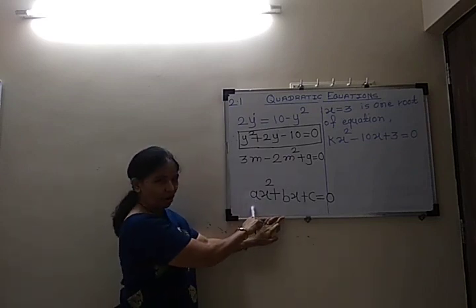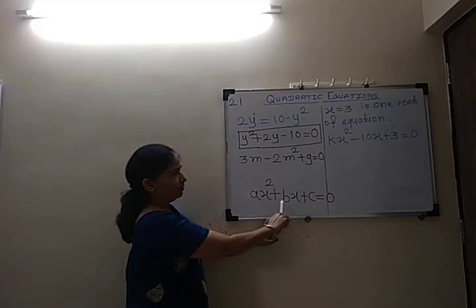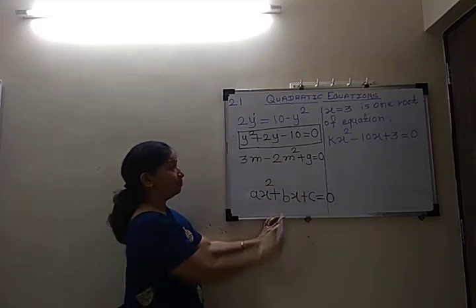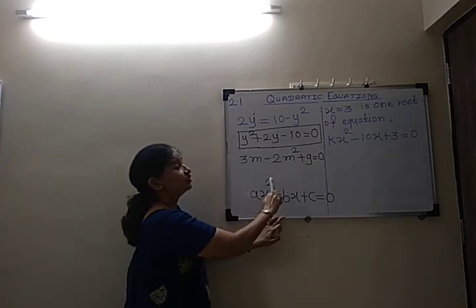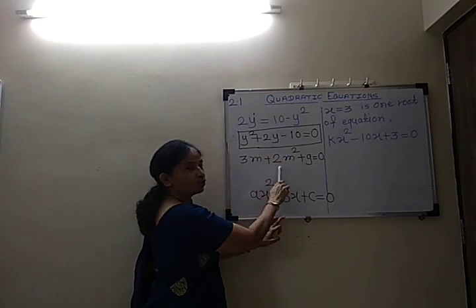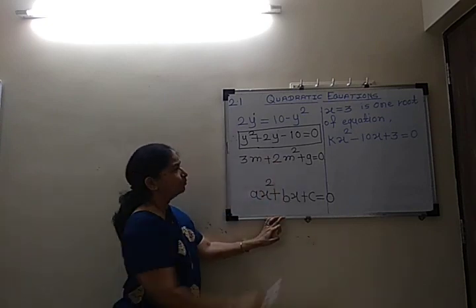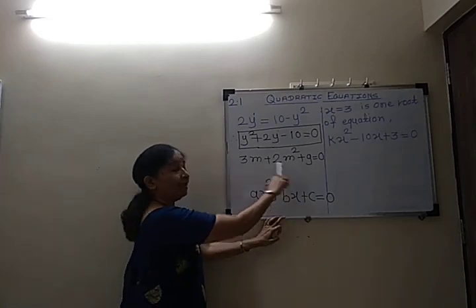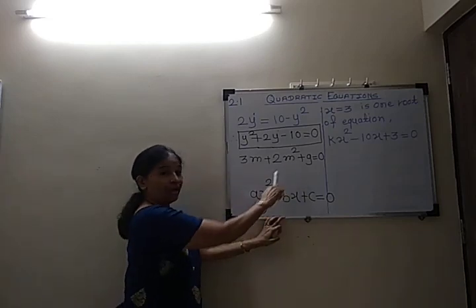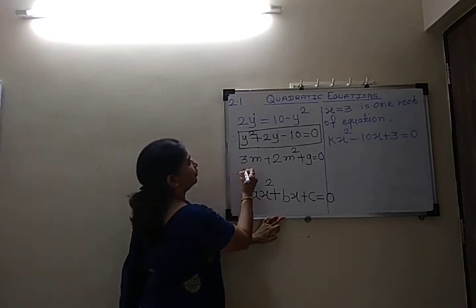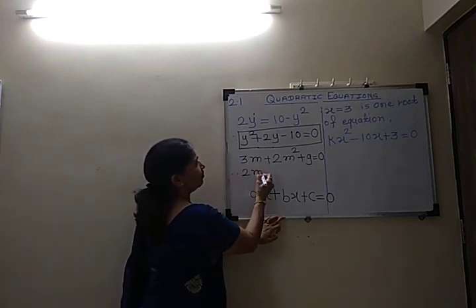So standard form means ax square plus bx plus c is equal to 0. Come on, find out which is the square term here. That square term is 2m square. So may I write that square term first as per the rule? So I wrote here 2m square.